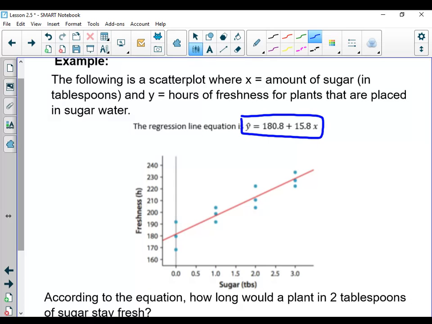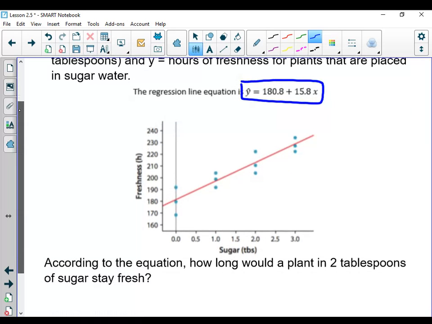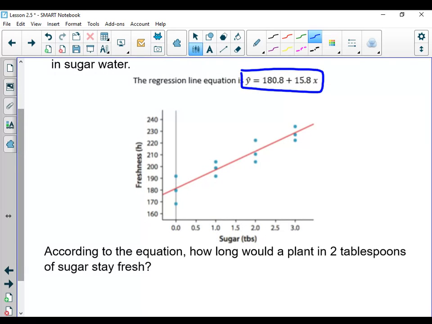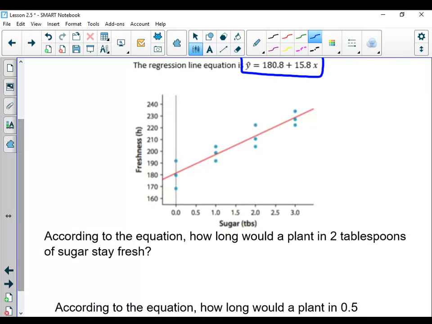So here's the first question, and this is a lot of times what we're going to do with our regression lines, is we're going to make a prediction. Well, it says here, according to the equation, how long would a plant in 2 tablespoons of sugar stay fresh? Well, remember we said the sugar was on the x-axis, so essentially all we have to do is plug in 2 to that equation where the x was.